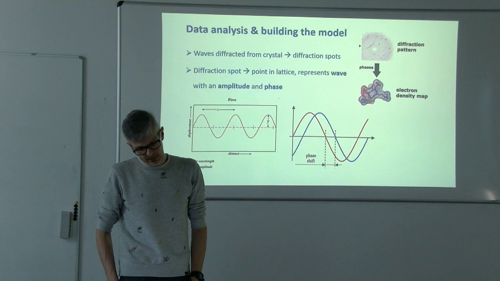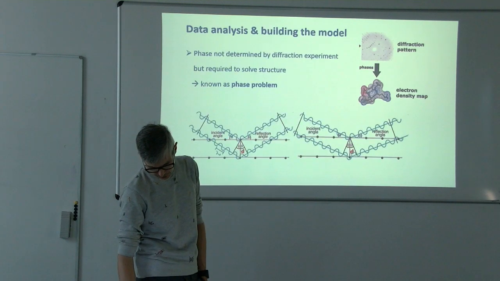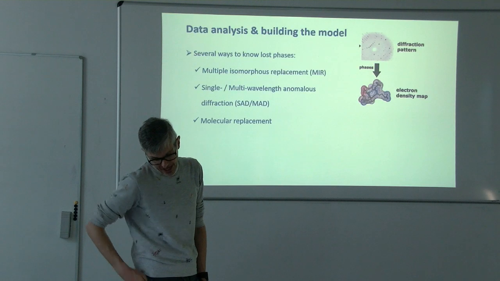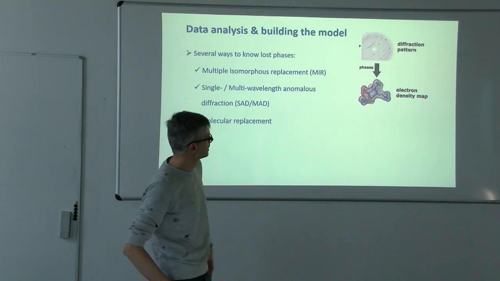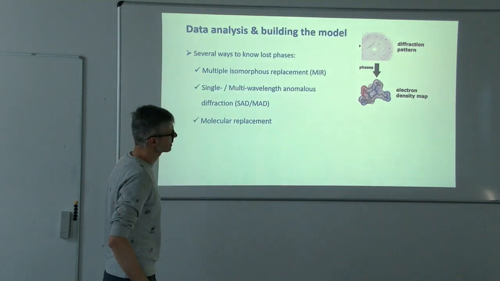Okay, and then further, to build your model, there's a problem known as the phase problem, to actually calculate and get to the electron density map and the structure or the model.